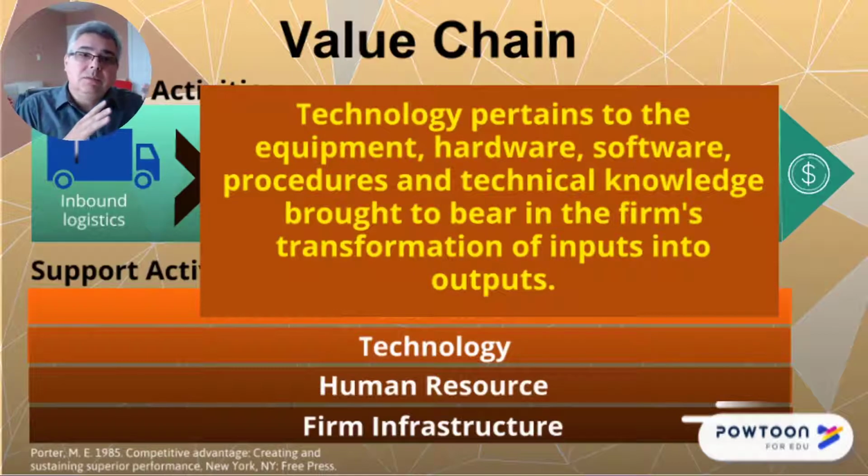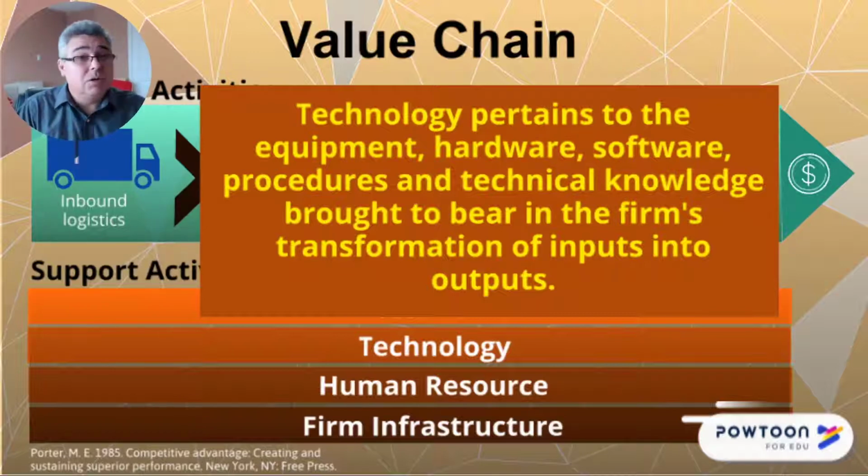If you are in a manufacturing company, you can talk about all the machines, information systems, automation. If you are in a service company, we may talk about the information technology, how to receive calls from the customer, how to produce some information and deliver that information to the customer.